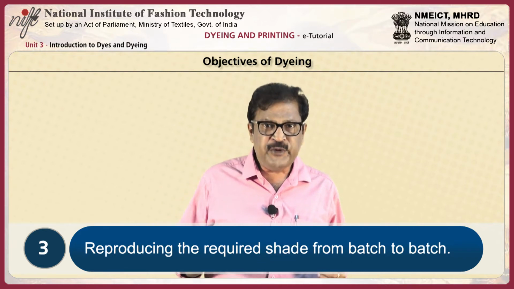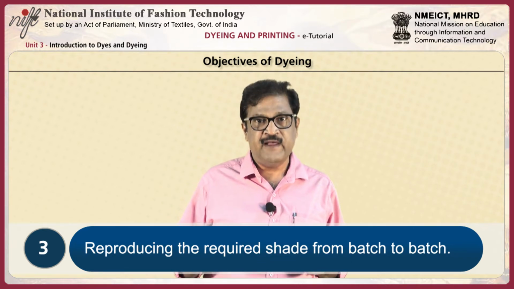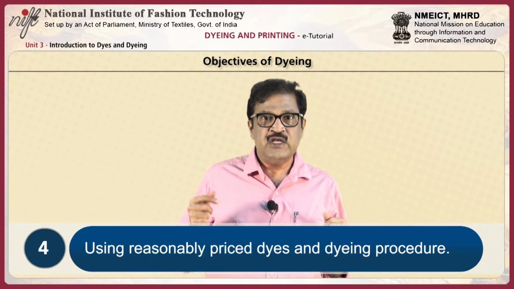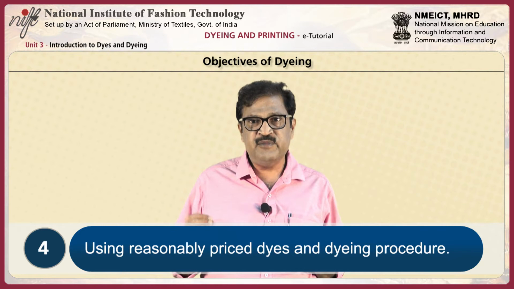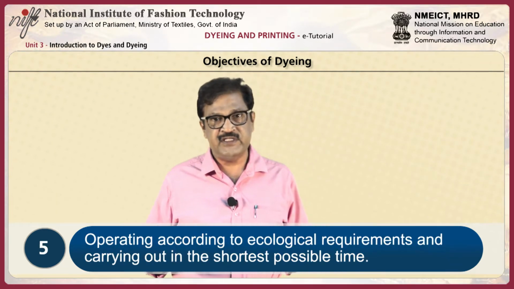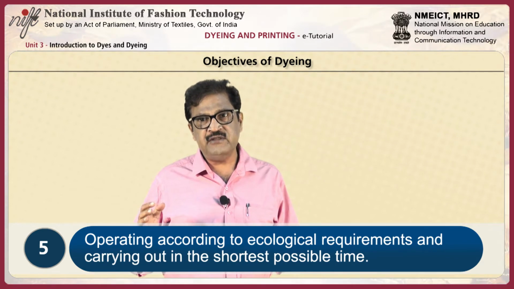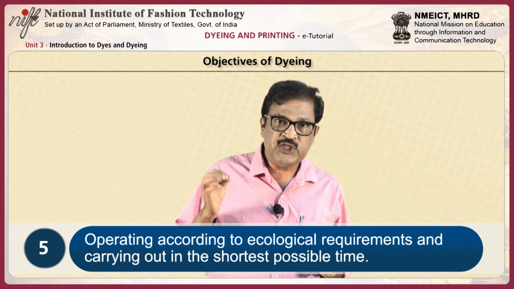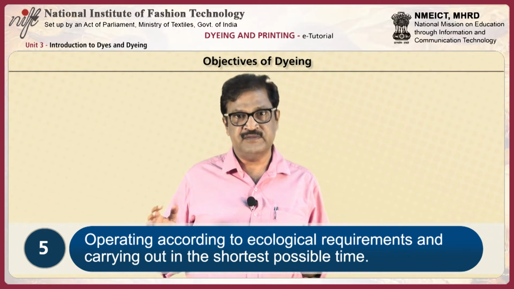Third, reproducing the required shade from batch to batch. Fourth, using reasonably priced dyes and dyeing procedures. Fifth, operating according to ecological requirements and carrying out in the shortest possible time.